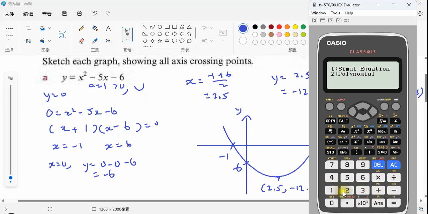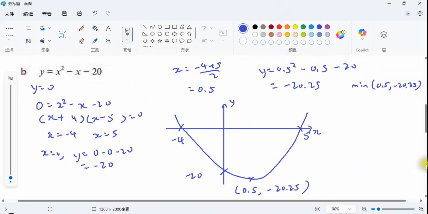equation, and then number 2, polynomial degree 2. So we have 1, -5 and -6. Then we will have the roots as 6 and -1, and then 2.5 is the axis of symmetry, and this negative 12.25 is the minimum value.